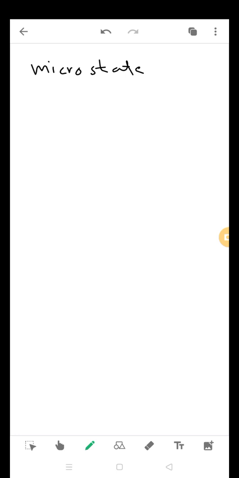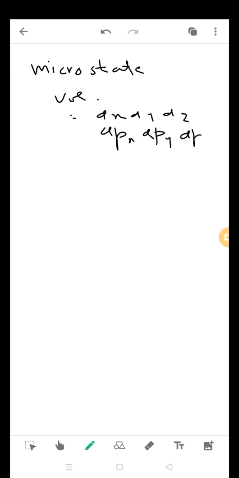So we have a volume, as we have said, equal to dx, dy, dz, dpx, dpy and dpz. So this is for one single cell.